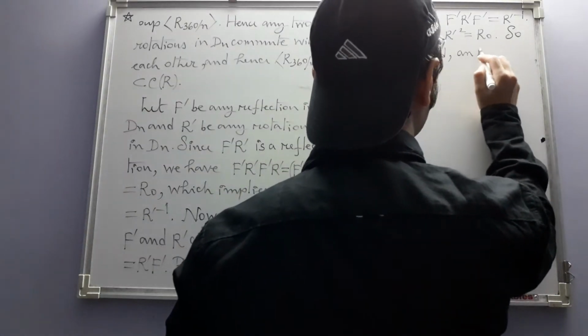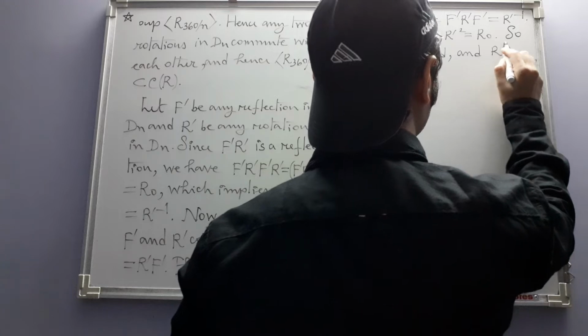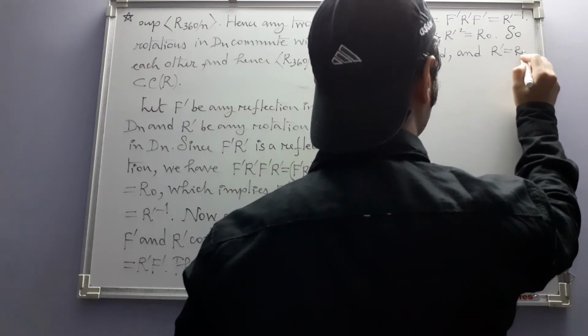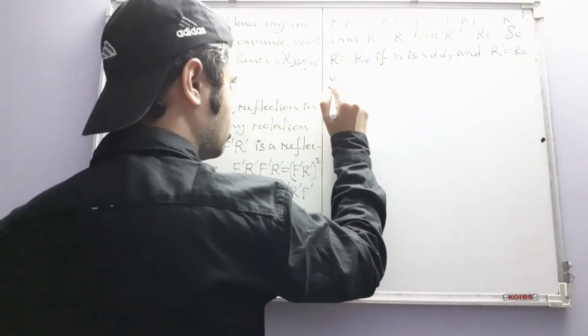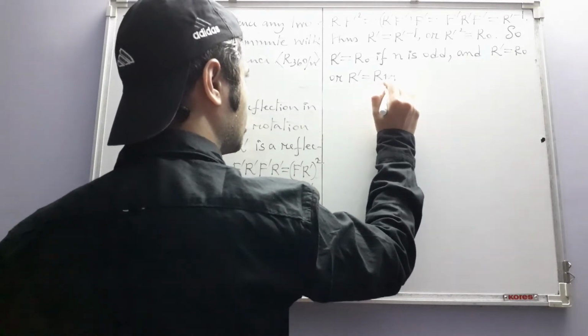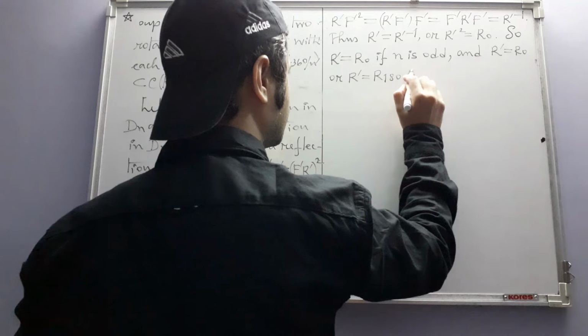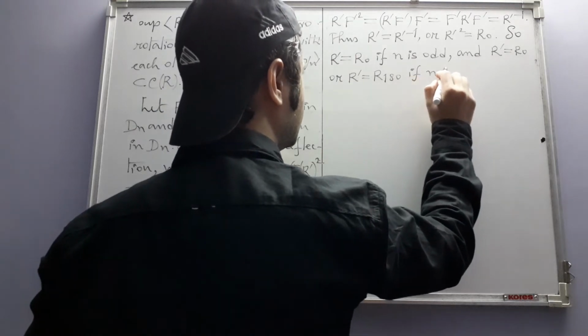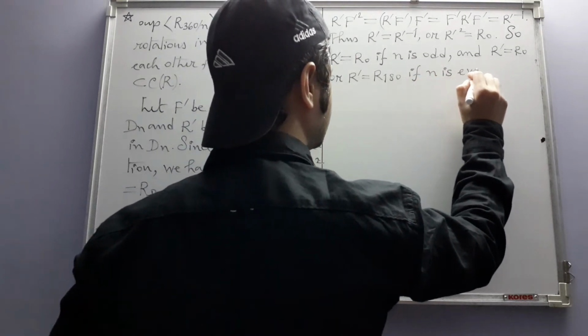And R prime is equal to R naught or R prime is equal to R 180 if n is even.